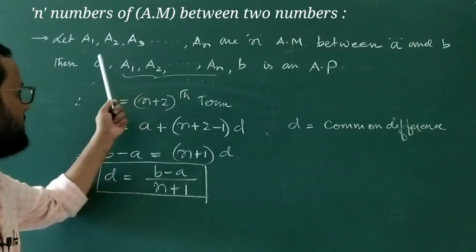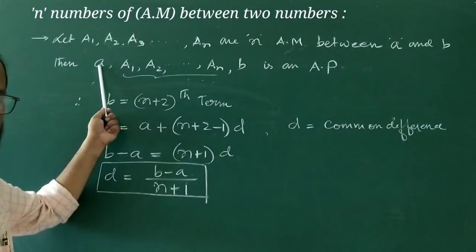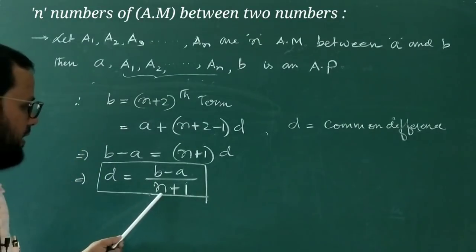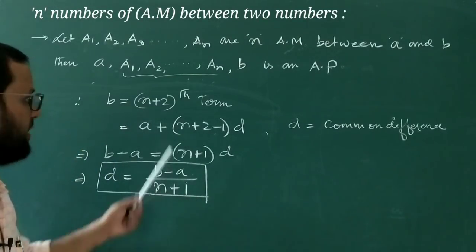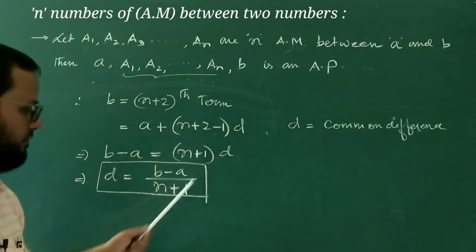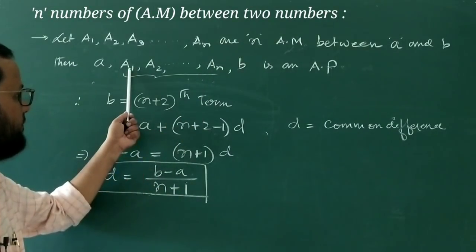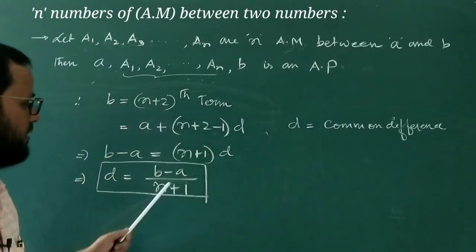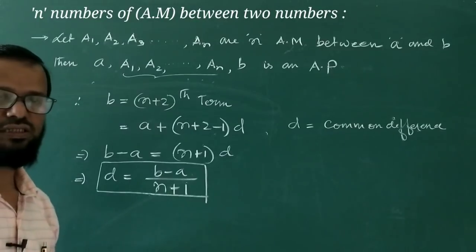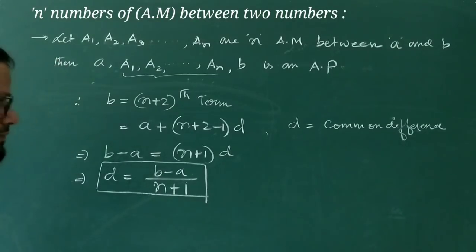Extreme term minus initial term, divided by n plus 1. n कहाँ से आएगा? नंबर, कितना नंबर इंसर्ट कर रहे हो. अगर 5 इंसर्ट करो तो 5 plus 1. If you insert 2 then 2 plus 1. If you insert 3, then 3 plus 1. In this way, you can get it. Okay, understood. This is the common difference.